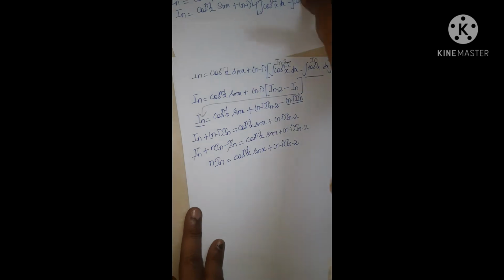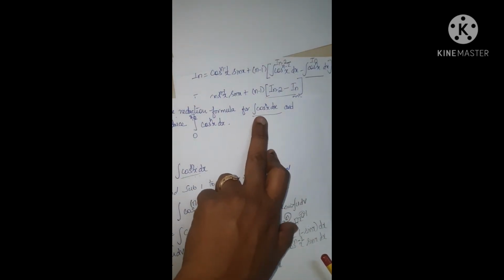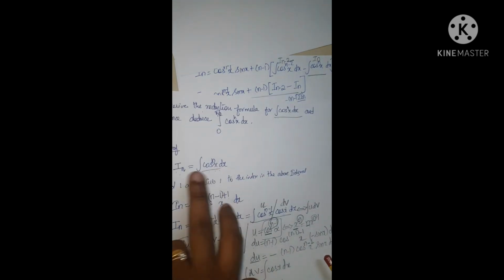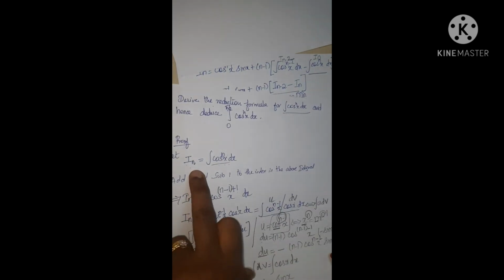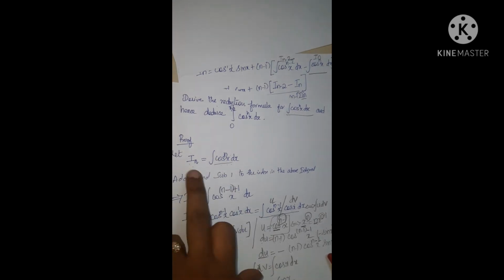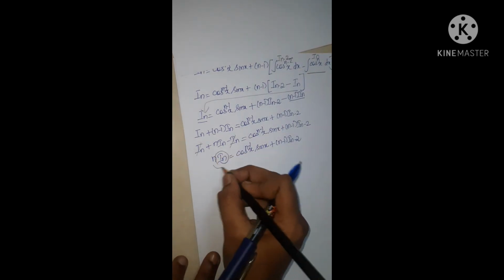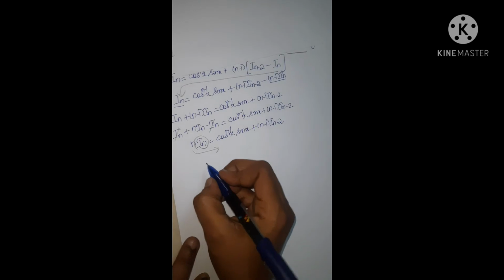So now we are asked to find the reduction formula for cos^n x, where this cos^n x is denoted by In. If I have to get the answer for cos^n x, it means I have to get the answer for In. For this reason, let me get the value of In only, bringing the n to the other side.